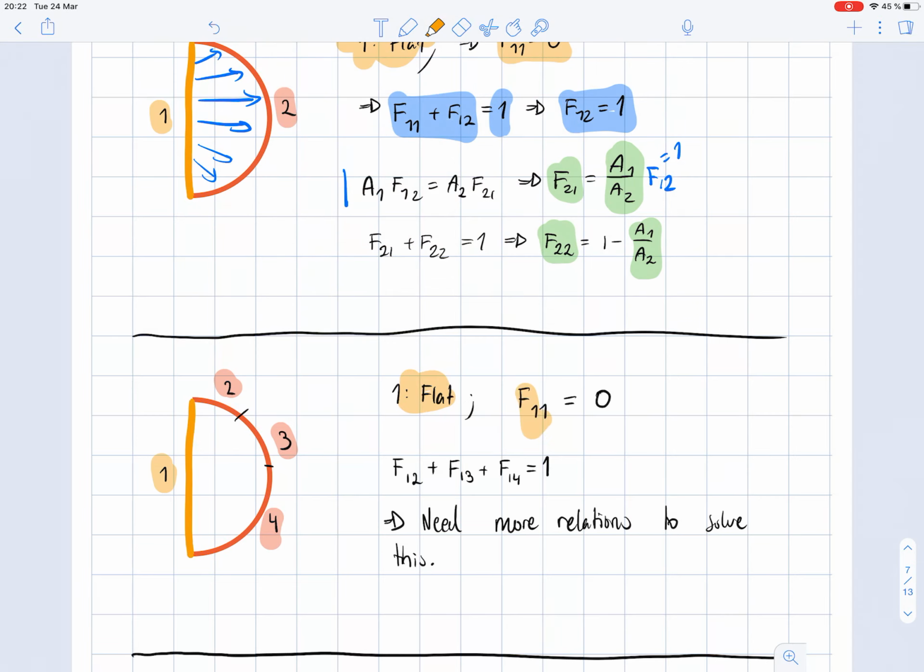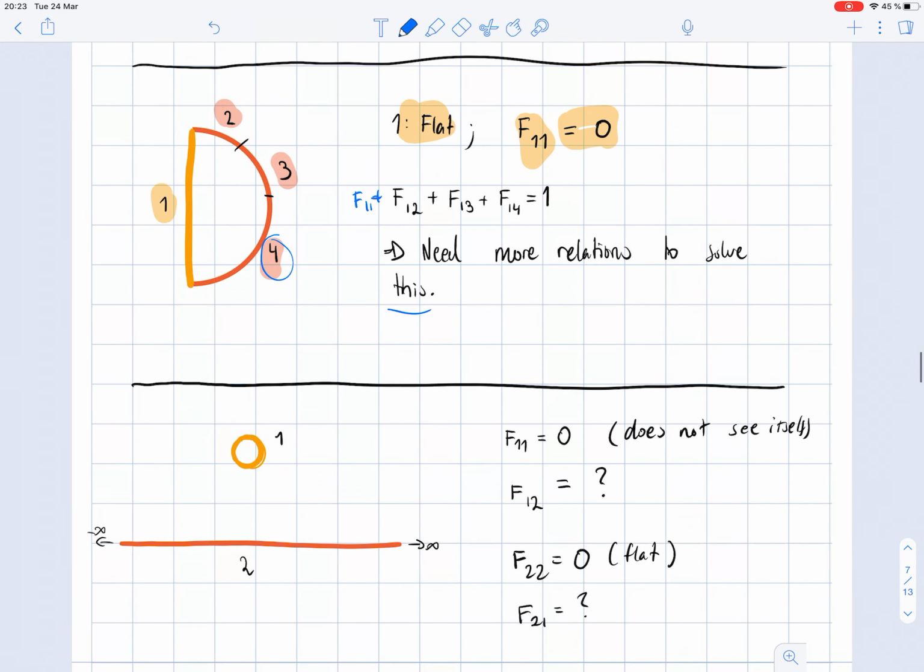So that means that F11 is still 0. But if we now try to use the enclosure rule, this will essentially then be F11 plus F12 plus F13 plus F14, because we have 4 surfaces. This should be equal to 1. And then we see that the algebra becomes slightly more tedious, because we'll need many more relations to solve this.